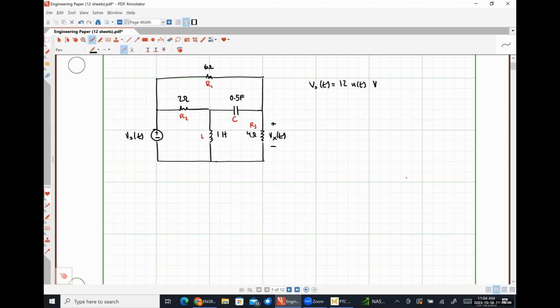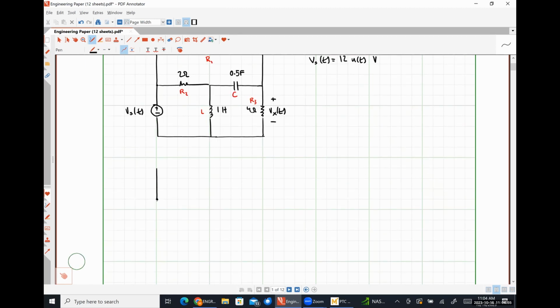In the S domain, our circuit looks like this. So we are going to have 12 over S volts here. Here is our resistor R2.